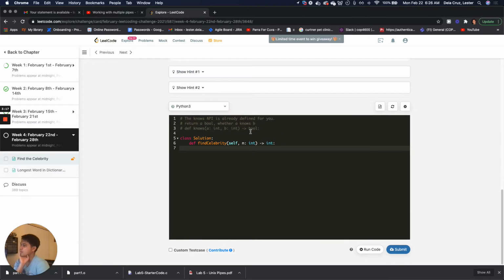Okay, this is actually not that bad now that I think about it. We can cancel out as we go, as we iterate through the nodes. So let's say candidate equals 0, for next person in range n, as long as, well, let's first check that the candidate isn't the next person. Okay, now let's do our other checks.